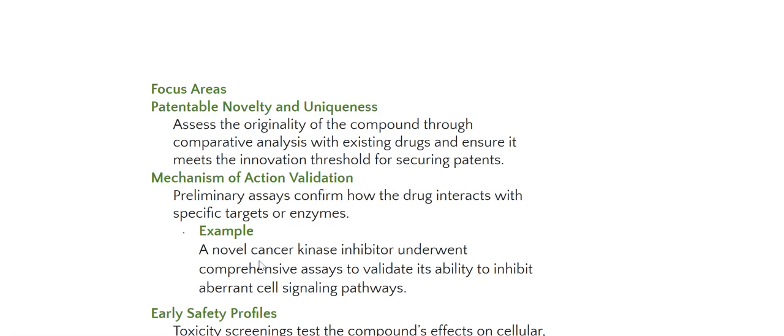For example, a novel cancer kinase inhibitor underwent comprehensive assays to validate its ability to inhibit aberrant cell signaling pathways. Early safety profiles: toxicity screenings test the compound's effects on cellular, genetic, and systemic health. The outcome here: a successful invention phase results in the documentation of compounds that are innovative and demonstrate potential therapeutic mechanisms with minimal early risks.